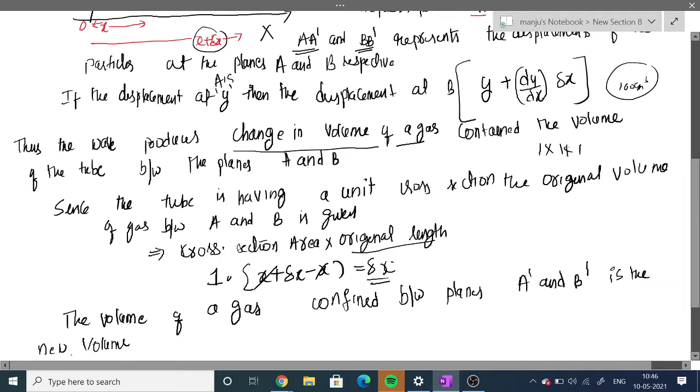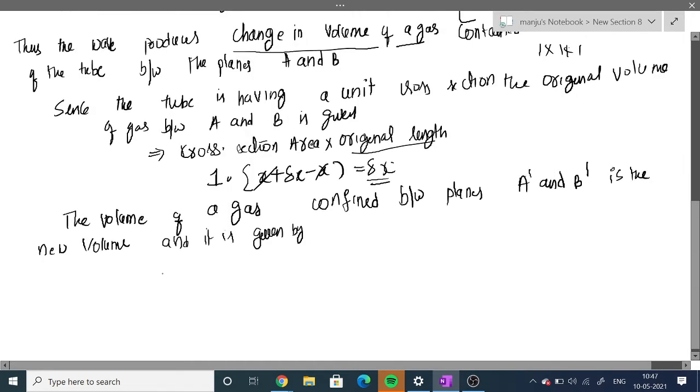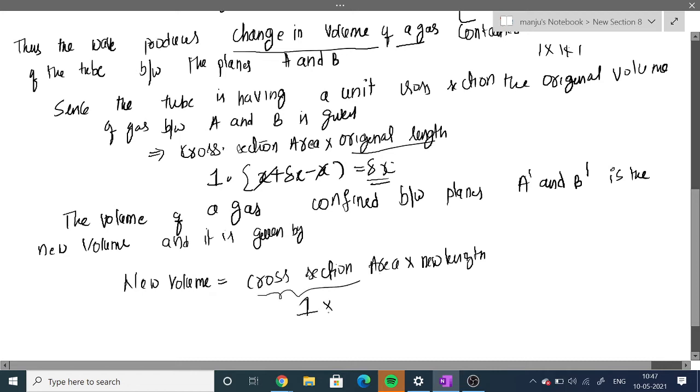It is not the old volume, it is the new volume, and it is given as the cross section area into the new length. The cross section area is unit, 1, into the new length.